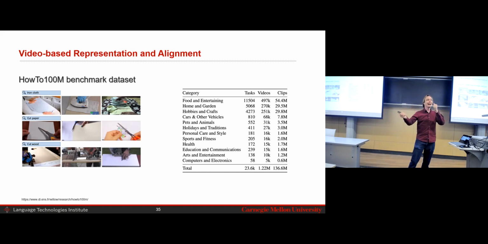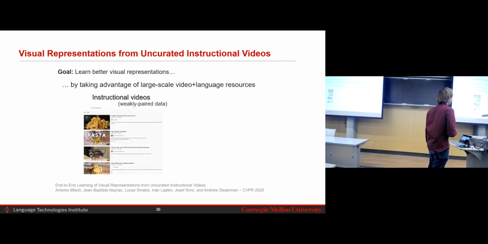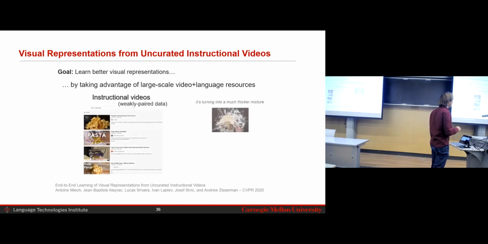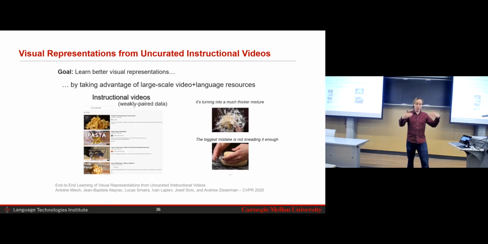it's weakly aligned, because in most of those data sets you have maybe a caption of what has been said, and then you see how things are done, but you don't always know exactly what is the link between which video and which representation. So if you look at the instruction videos and the captions of those instruction videos, you hope that the frames that are shown right now are related to what the person is saying, but it's maybe not a one-to-one mapping.